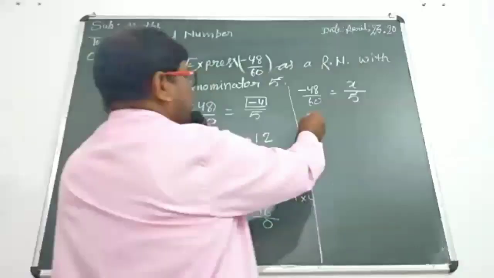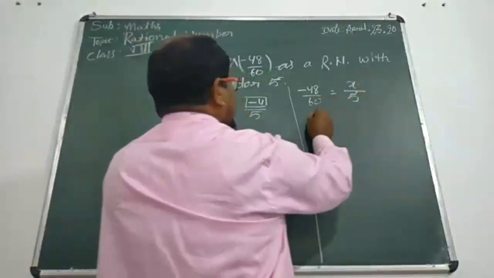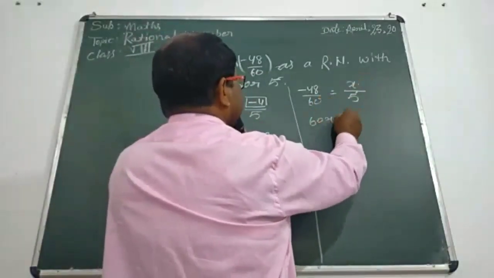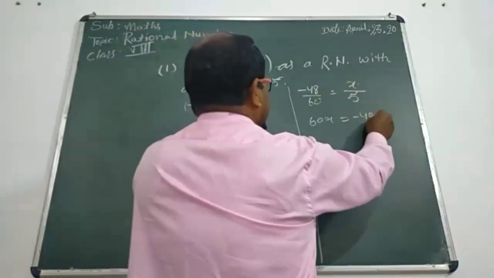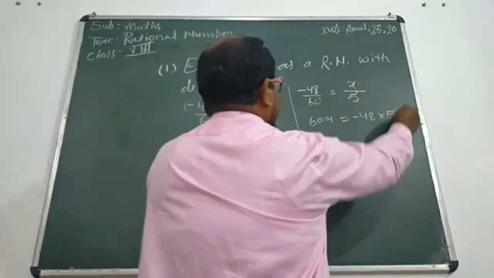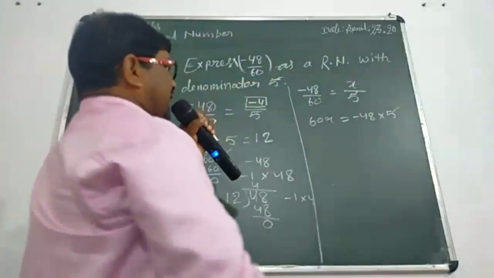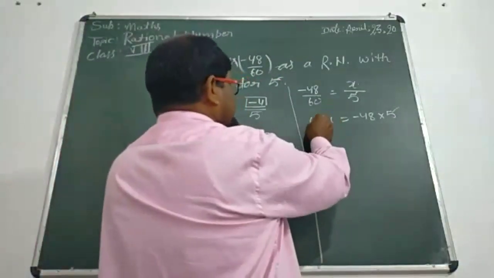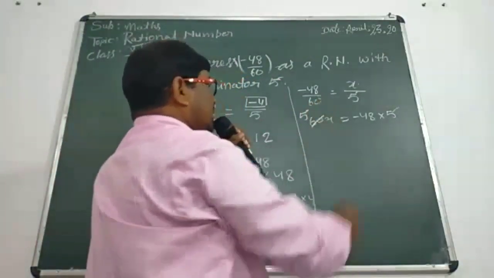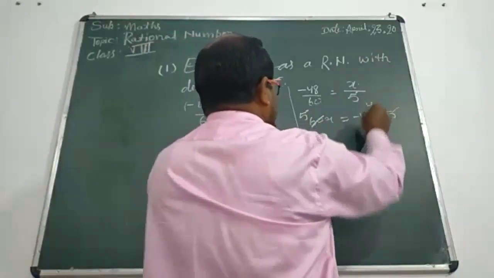Now cross multiply: 60 multiplied by x is 60x, and minus 48 multiplied by 5. Now select the common divisor: 12 fives are 60, 12 fours are 48.